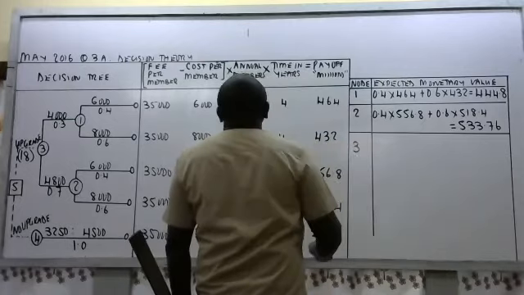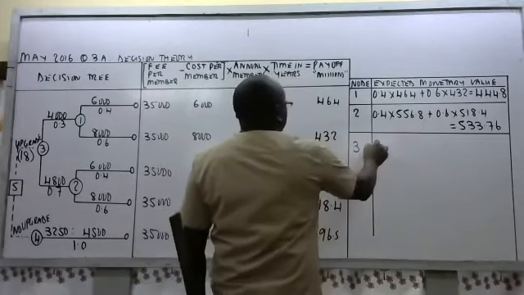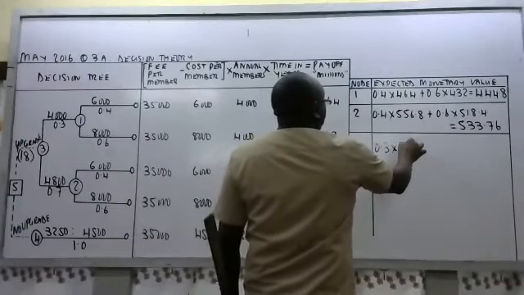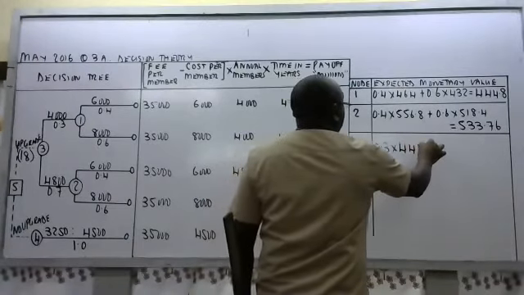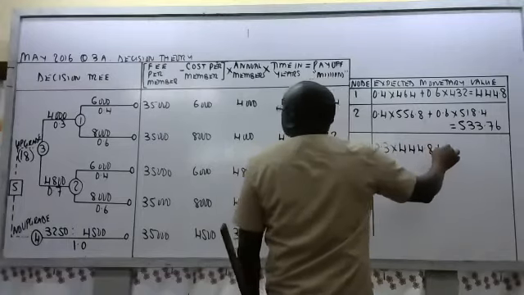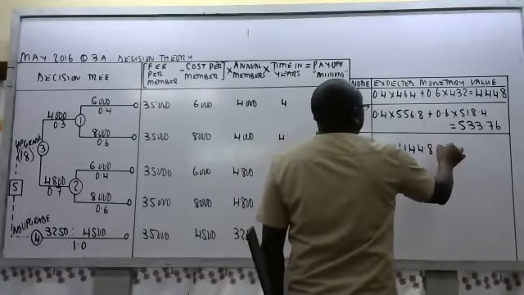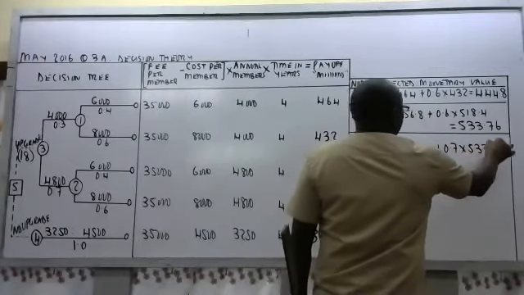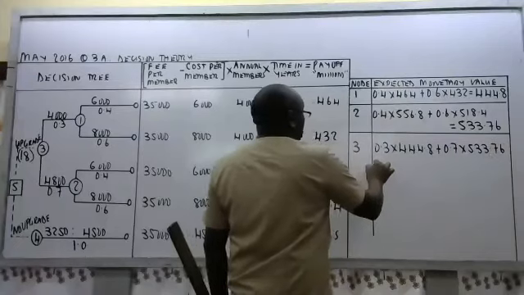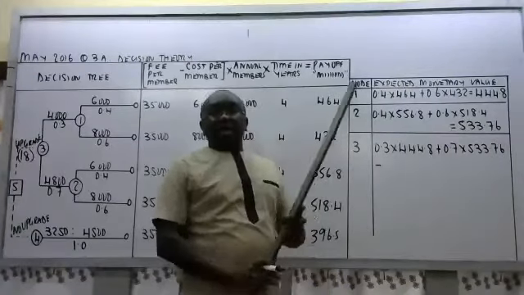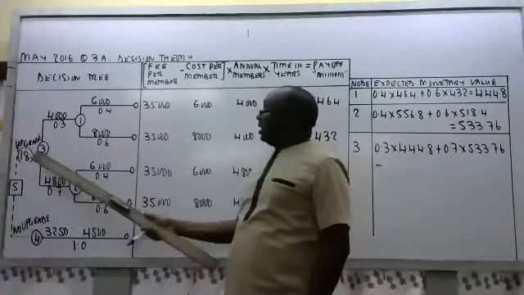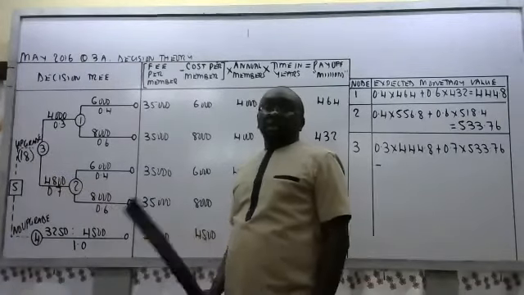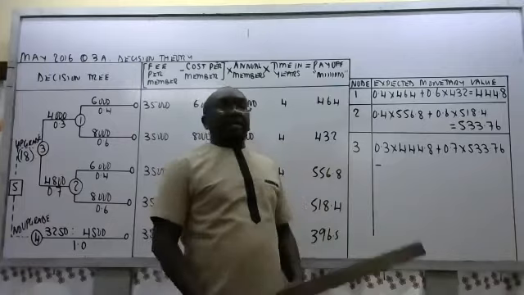Number 3 will be 0.3 multiplied by what we have in number 1, 344.8, plus 0.7 multiplied by 533.76, minus, you can see there is a line coming in here which has a cost of 18. So that cost should be subtracted.